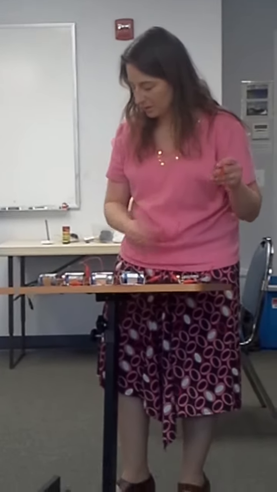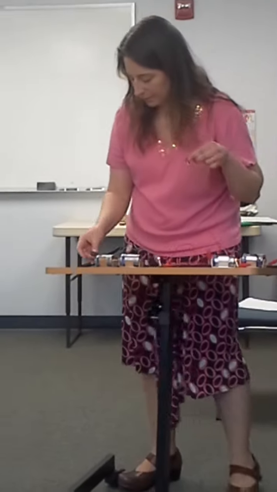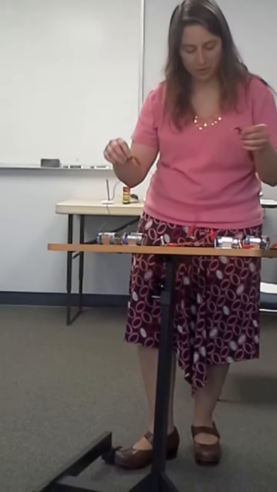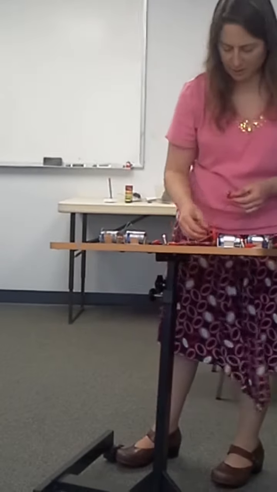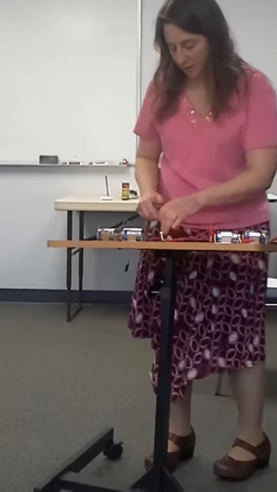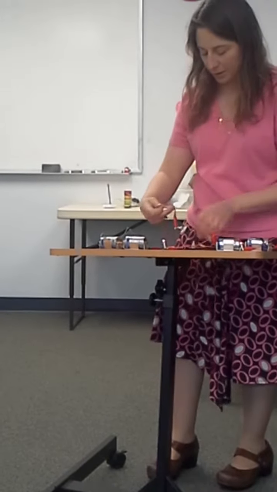The other kind of circuit is a parallel circuit. And in this case, I'll hook to this battery here. I must need another clip. Do I have another clip? Yes, I do. Okay. So in this case, we provide options for our light bulbs.